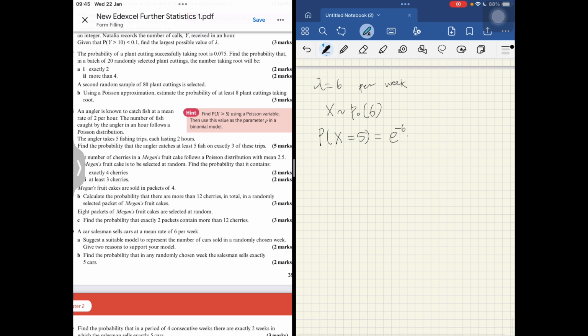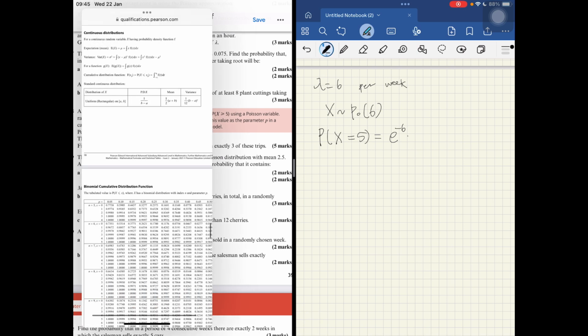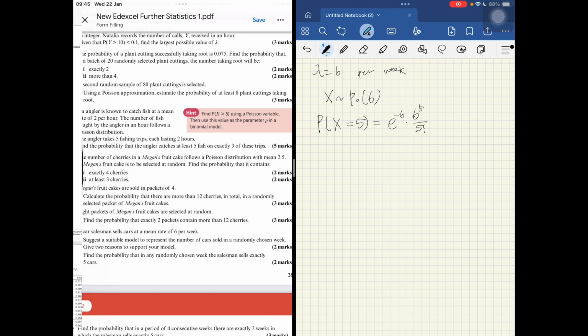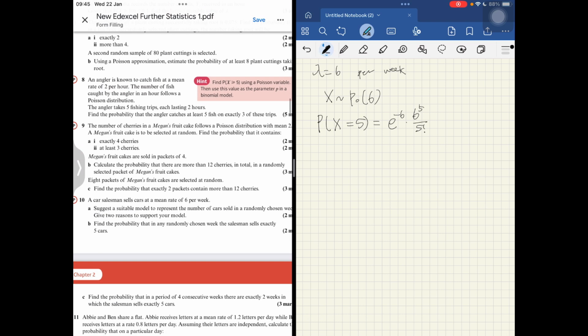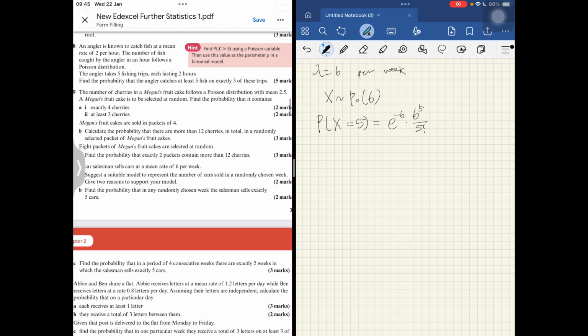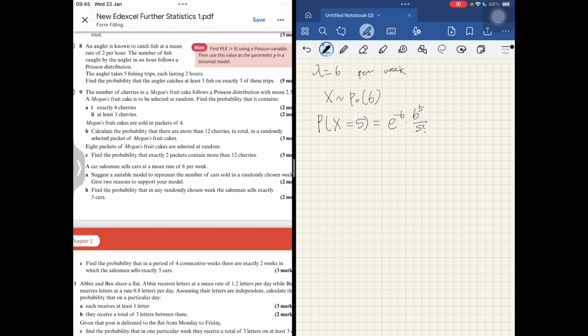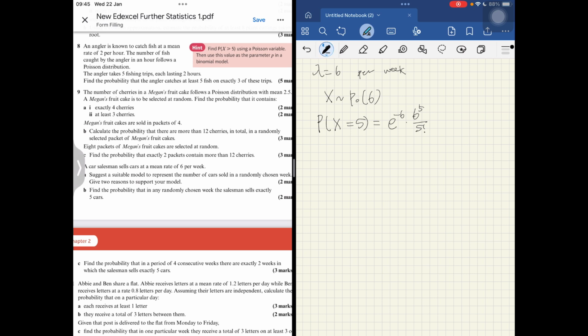That is e to the power of negative 6 times 6 to the power of 5 over 5 factorial. Then number C: find the probability that in a period of 4 consecutive weeks, there are exactly 2 weeks in which the salesman sells exactly 5 cars.